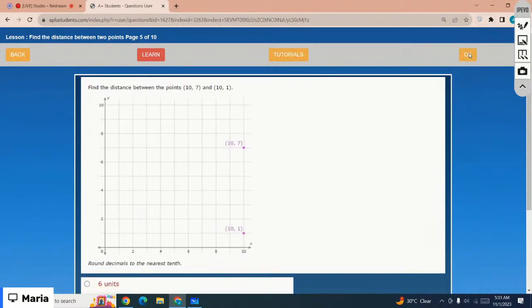Okay, find the distance between the points (10, 7) and (10, 1), which is the correct option. Yes, that is 6 units.